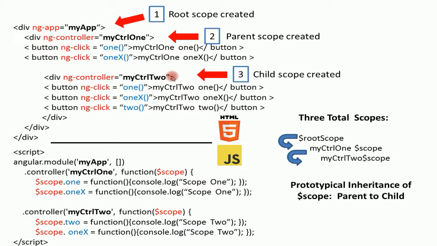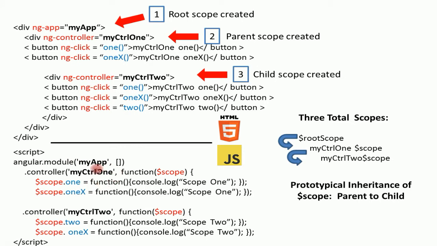In this arrangement, the myCTRL2 scope is a child to the myCTRL1 parent scope. The myCTRL2 scope, as the child scope, will inherit all properties and methods from its parent scope, myCTRL1, with an exception you will see shortly.